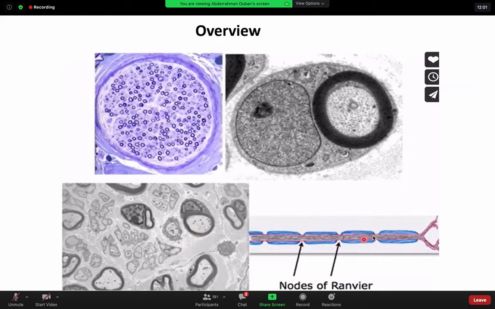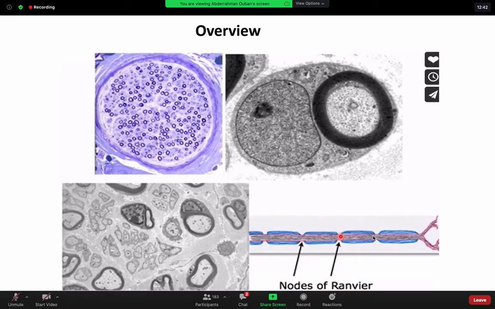All right, so now in the right lower quadrant, you see a longitudinal section of the axon, along the length of the axon, and you can see that this axon is wrapped around with myelin, but this myelin is not continuous. It is discontinuous, or interrupted. That is a very important feature of the myelinated axon: the myelin sheath is discontinuous.